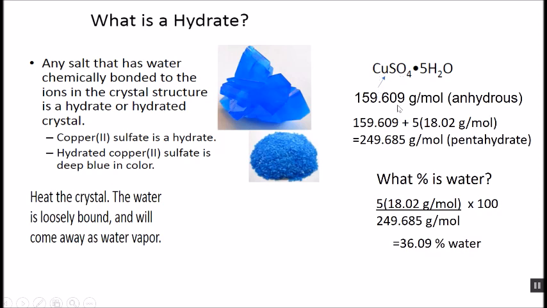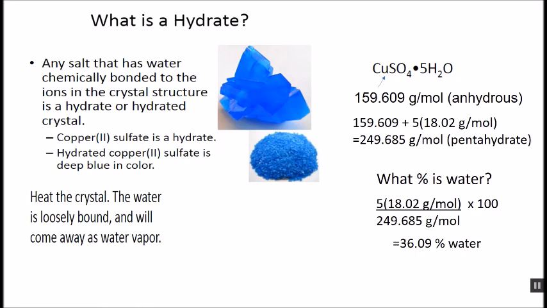That's 159.609 grams per mole. The water, there's 5 of them, so we multiply the mass of water times 5 to get the mass of the whole hydrate together. Now you can use this percent mass idea to say what percent is the water in this whole crystal. And to do that, you take the total waters, 5 times 18, divide it by the total mass times 100, and you see that this crystal is really about 36% water.